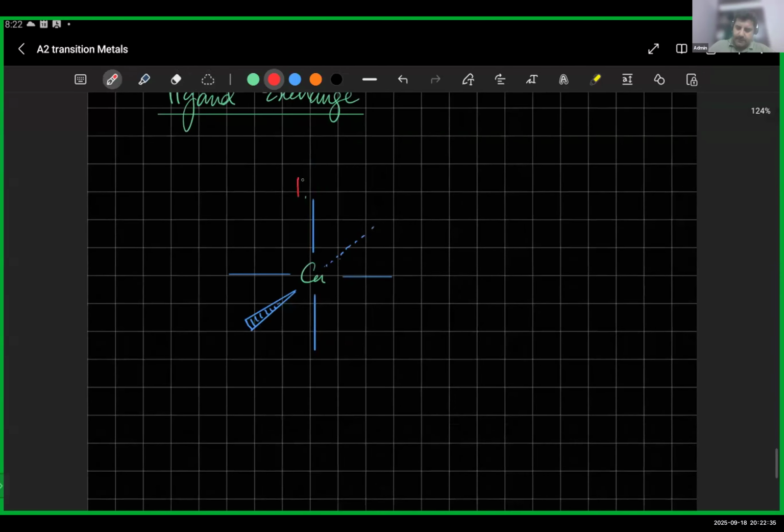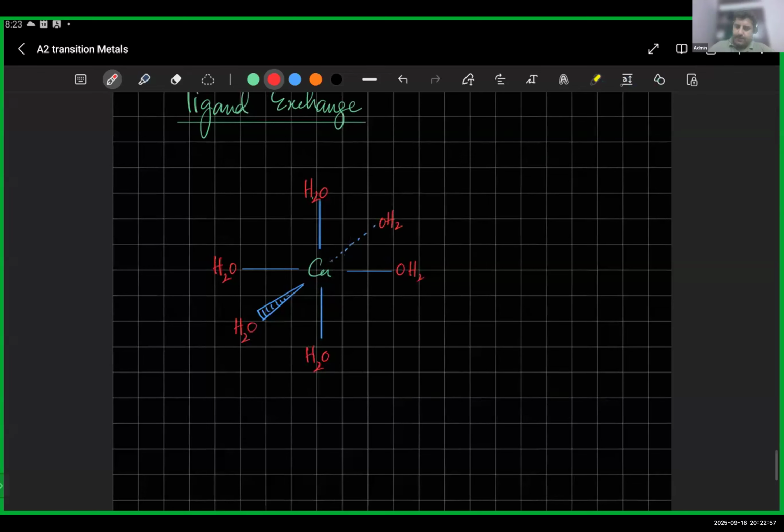I'm just going to simplify this. Instead of drawing, I'm just going to write water over here. And remember, the oxygen should be drawn towards the copper because the lone pair belongs to oxygen. And this is plus 2. That's just a ligand exchange. What is ligand exchange?